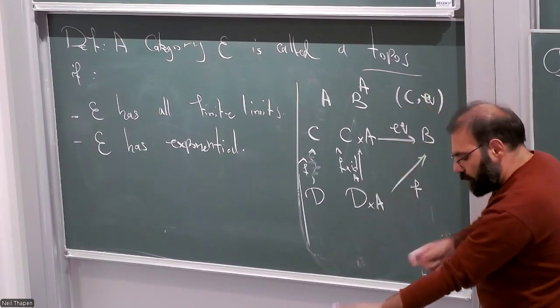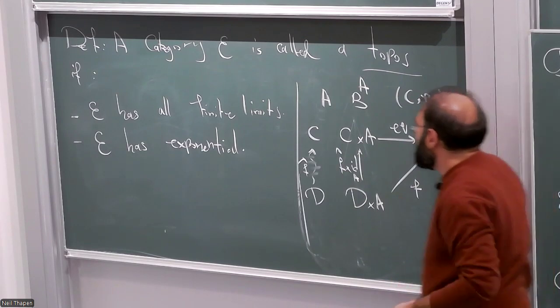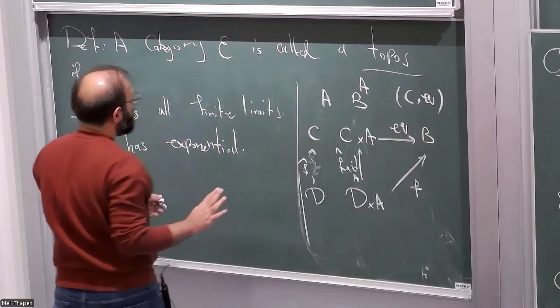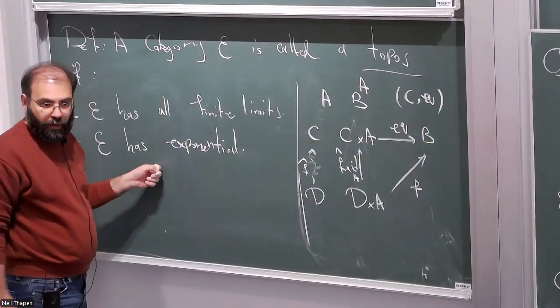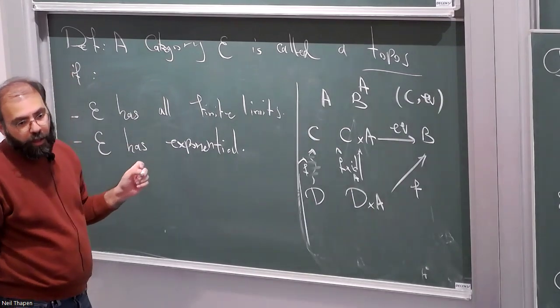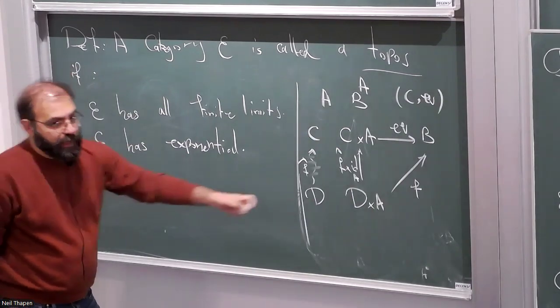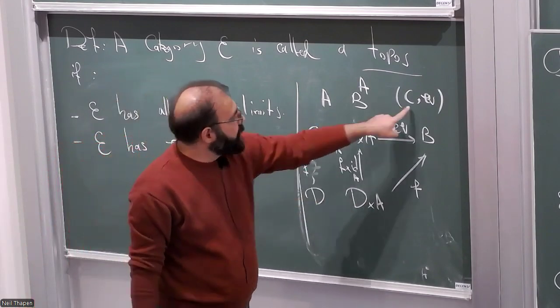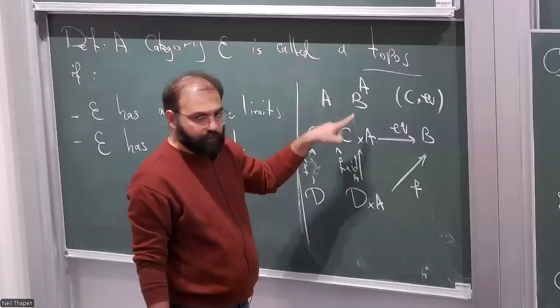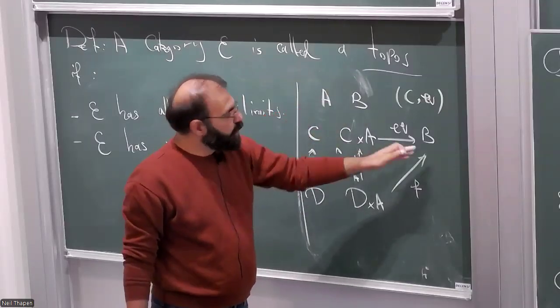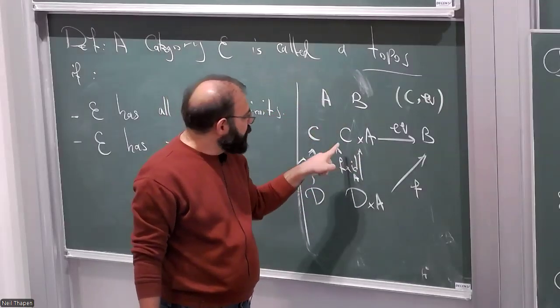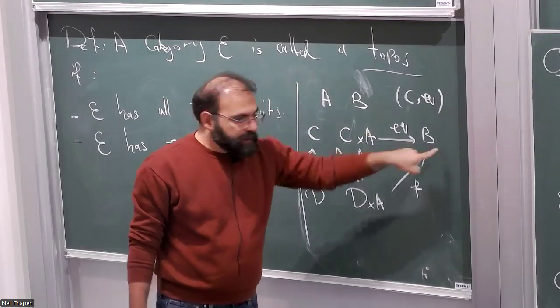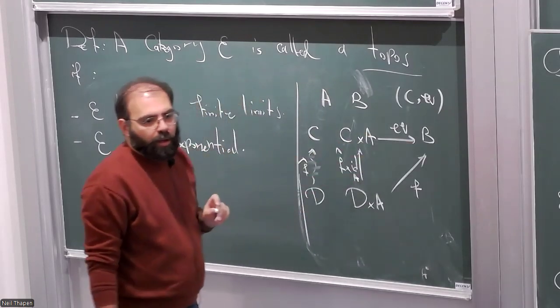Right? So a topos should have these two. So C should be the set of all functions from A to B. And evaluation should be just the usual evaluation function, meaning that you read the function f, A, this is f of A.